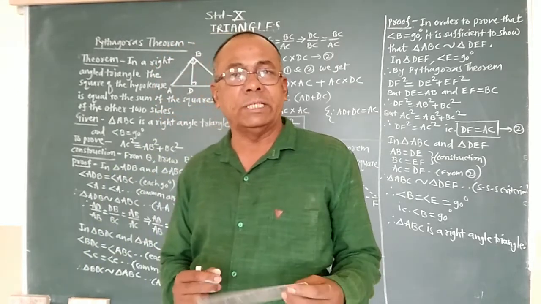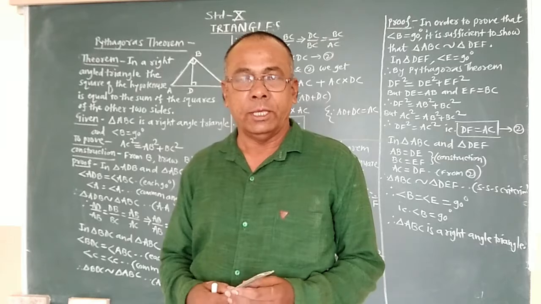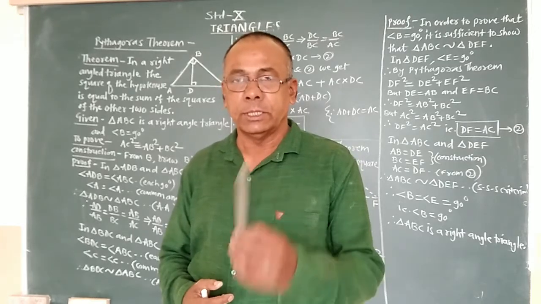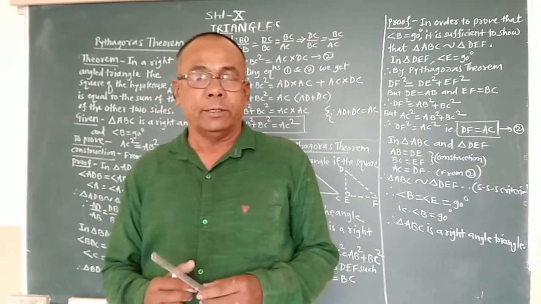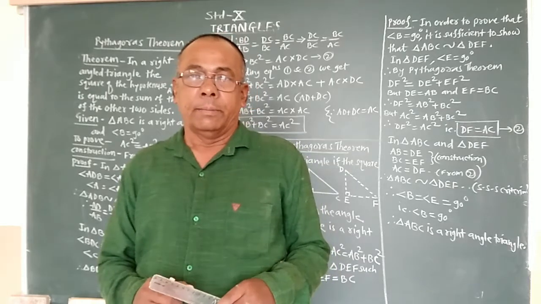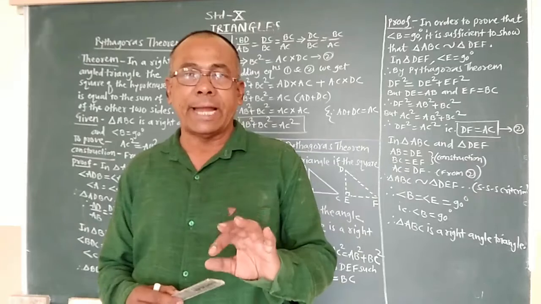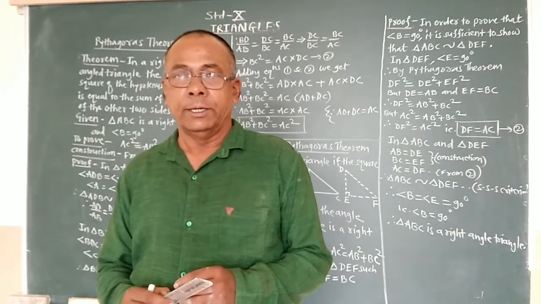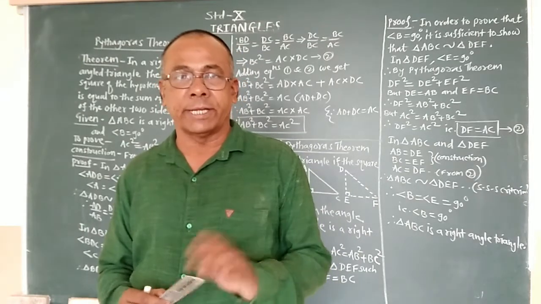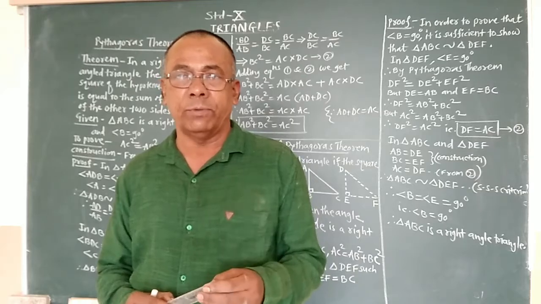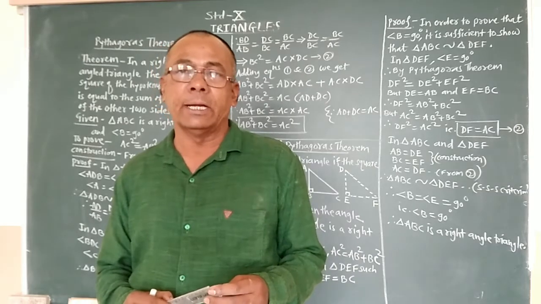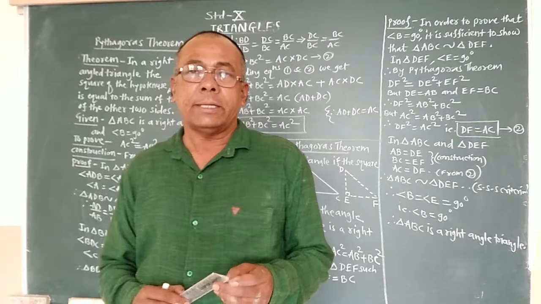So first of all we will see the Pythagoras theorem. We know that Pythagoras theorem is applied to only right angle triangle. It is not applicable for any other triangle. It is only applicable for right angle triangle.